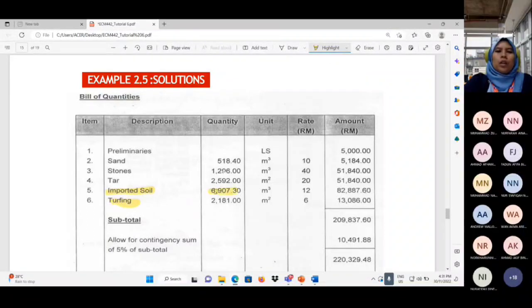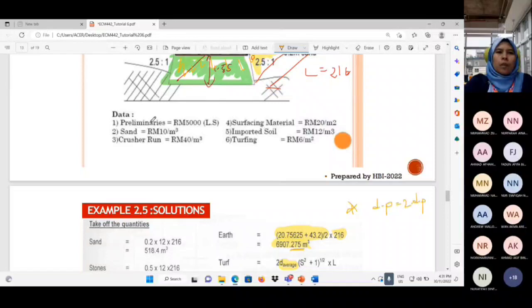So you pastikan you masukkan quantity yang betul, unit yang betul, dan harga. Turfing materials harga per square meter and imported soil RM12 per cubic meter.